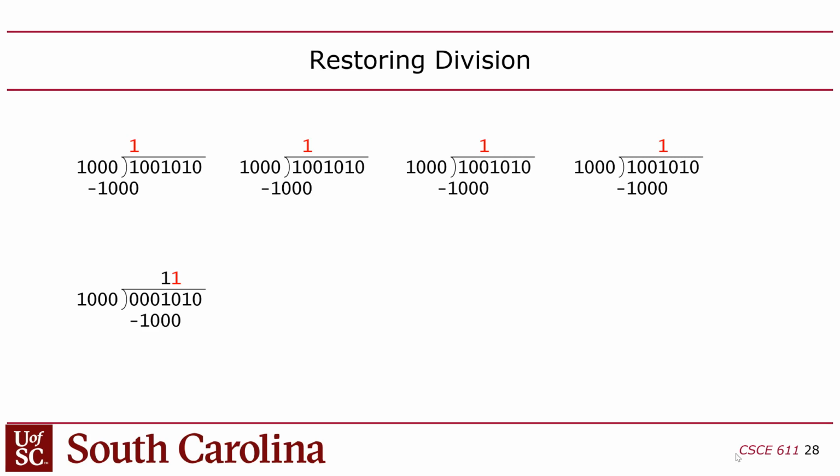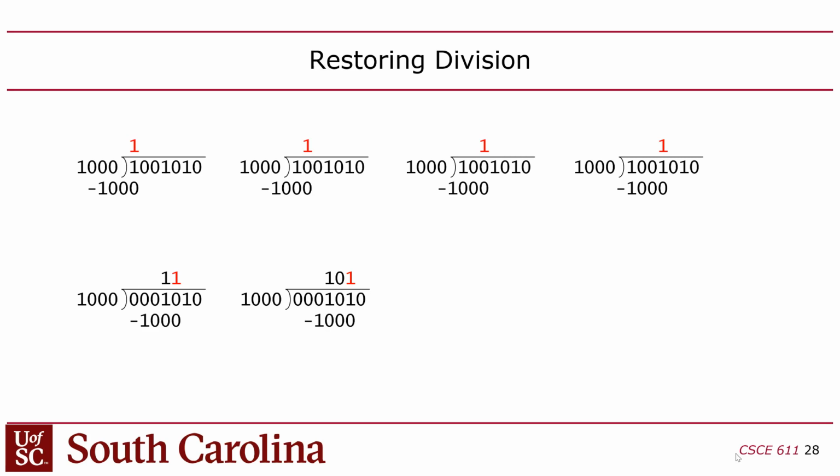And so then I'm going to try to, again, subtract 8 from these bit positions here, which is 2. It'll be 2, basically taking this 2 out of the current remainder register. And it's going to try to subtract 8 from 2, which will fail. So we'll end up putting a 0 in that position.